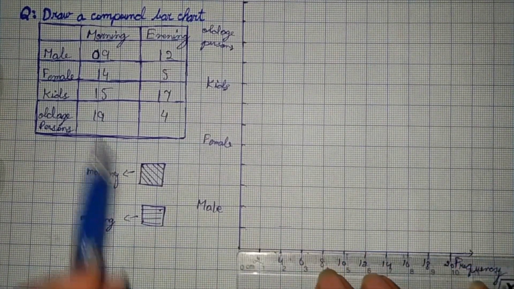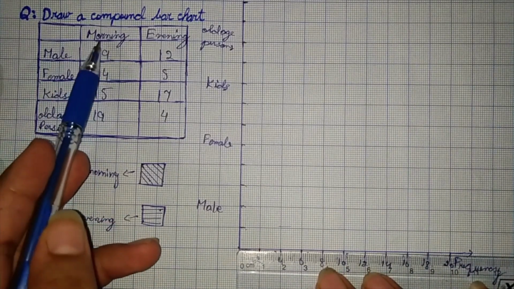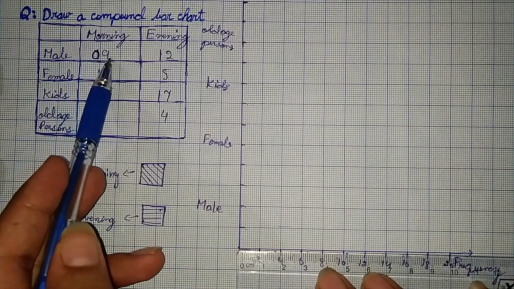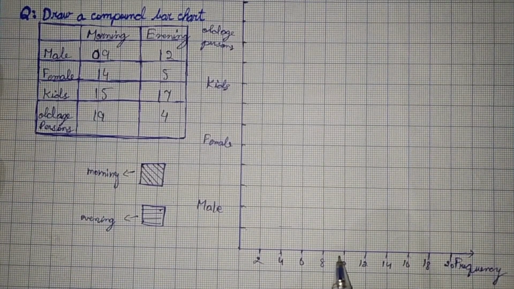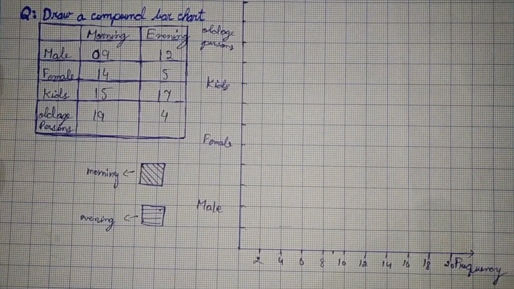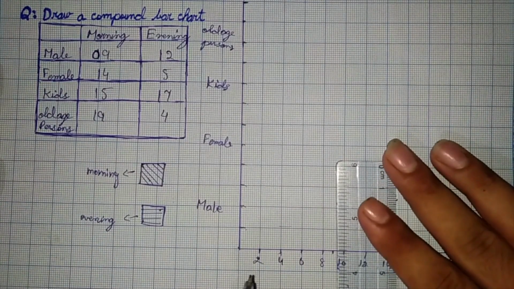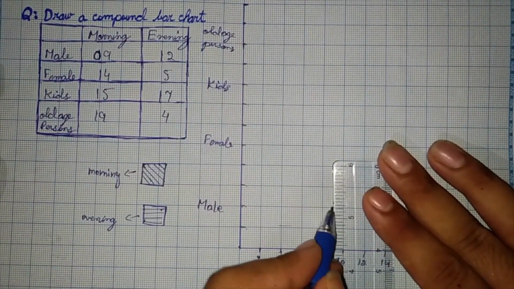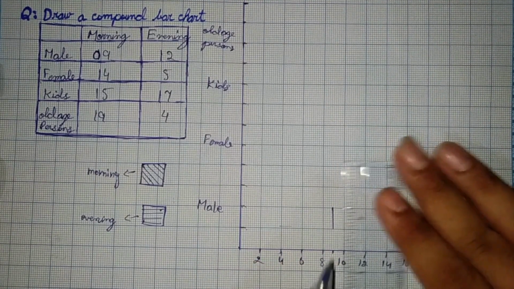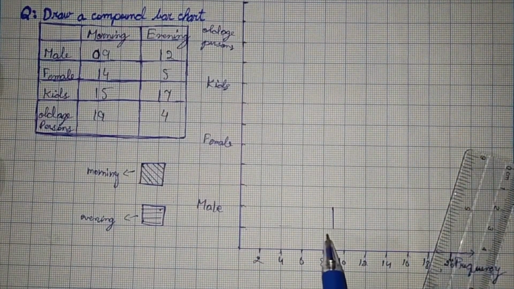Here we have male, and in the morning we have 9 persons, so 9 will lie between 8 and 10. So we have a frequency of 9.